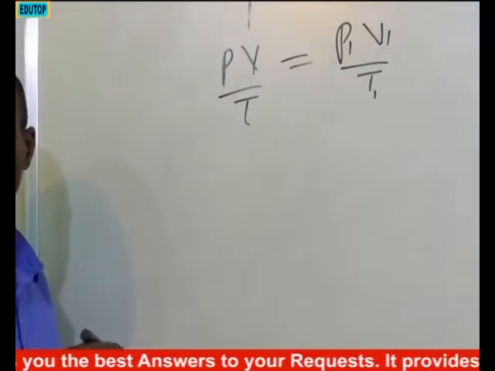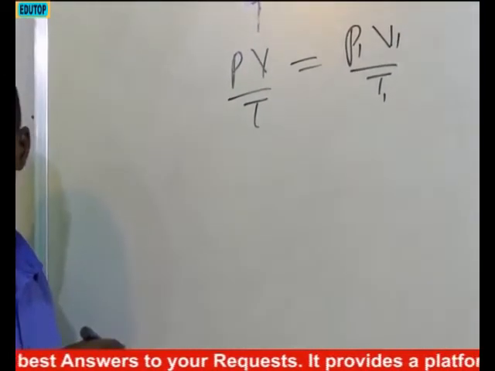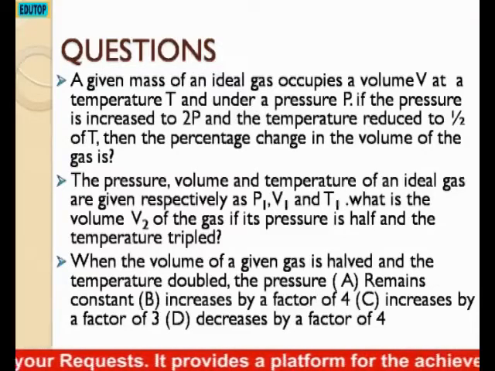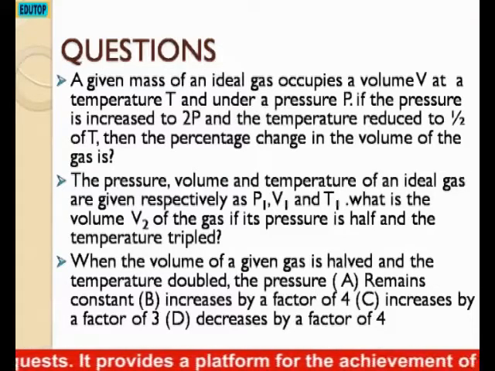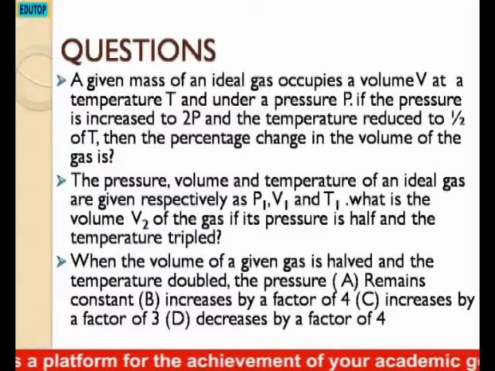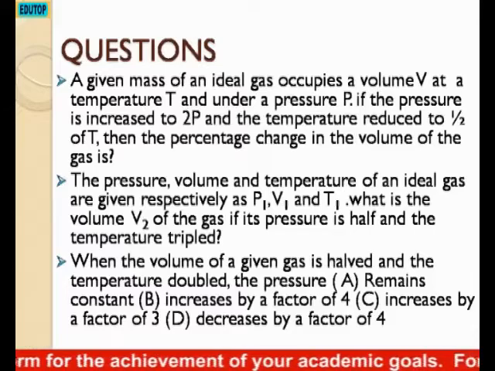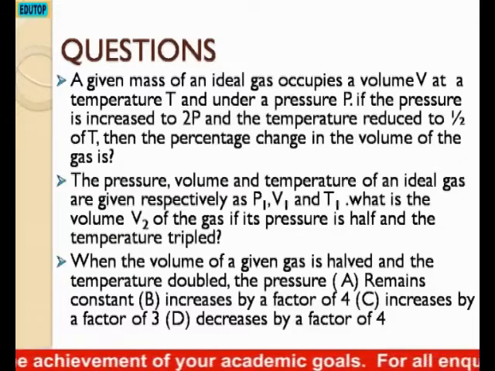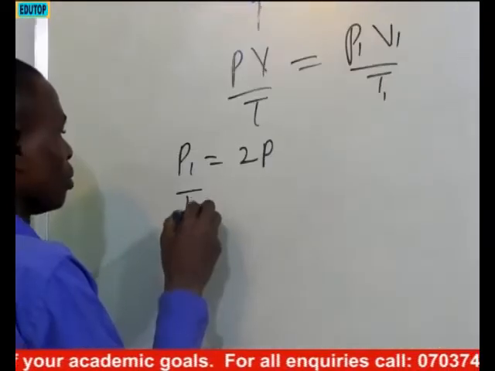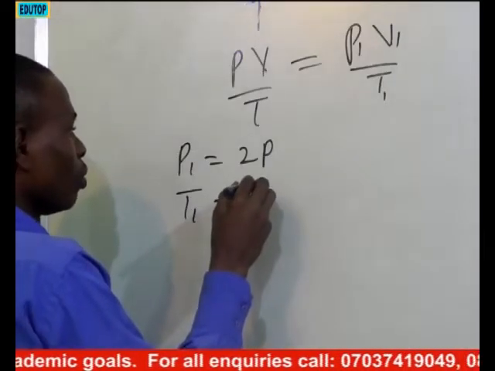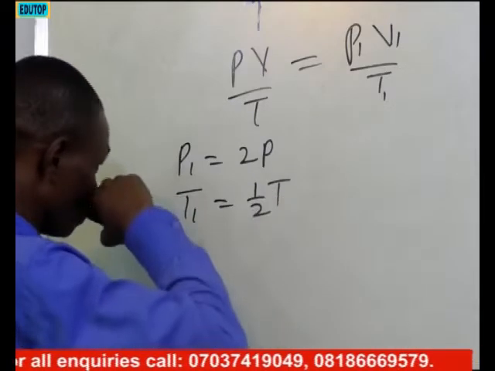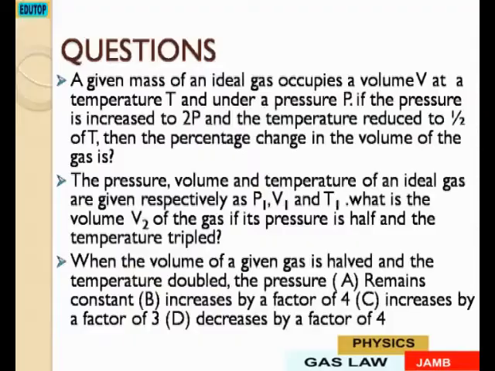And if you look at that question, the question says, if the pressure is increased by 2P, that is our P1 is equal to 2P, you can see that, and the temperature reduced by half, that is our T1 is equal to half of T. Okay?